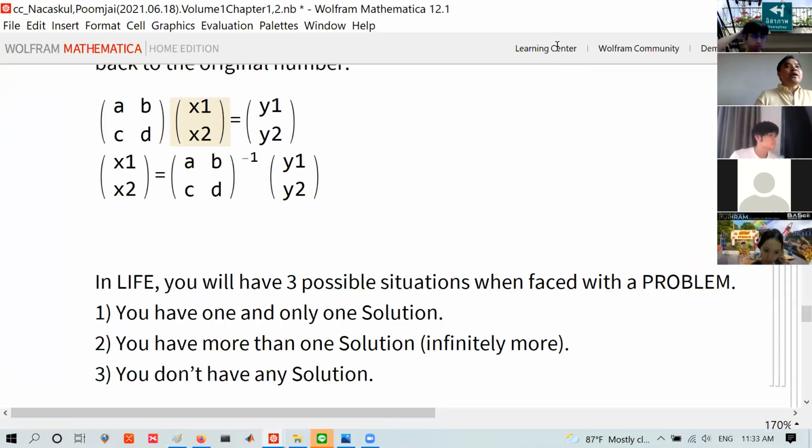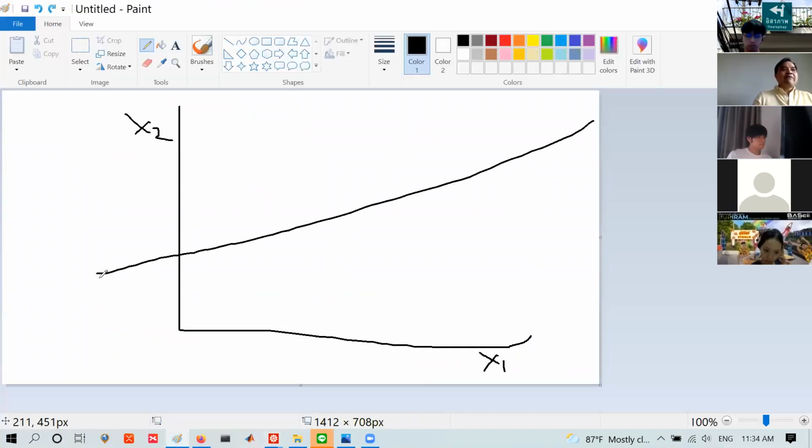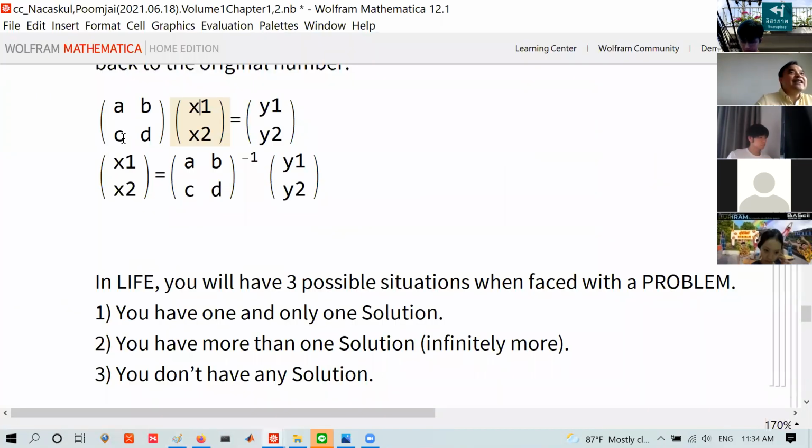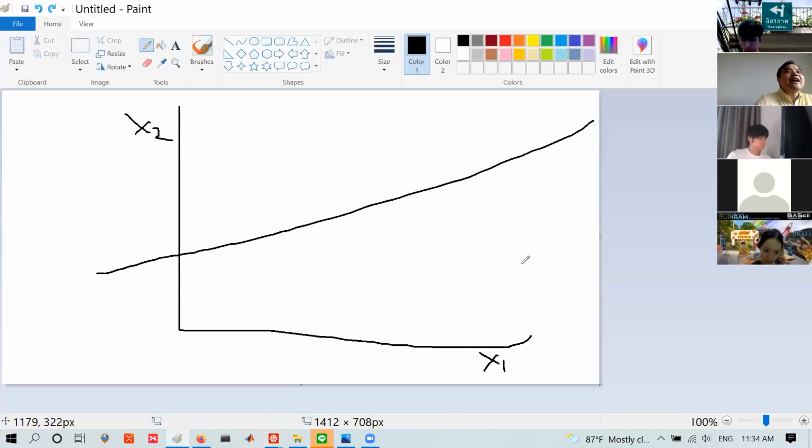The second situation is this. You have one equation that draws this line. You have another equation that draws exactly the same line. So if C is twice as big as A and D is twice as big as B and Y2 is twice as big as Y1, you get exactly the same line. So you actually don't have 2 equations.